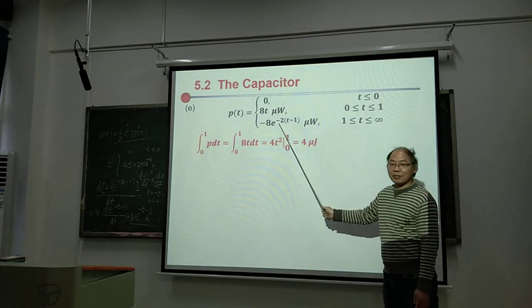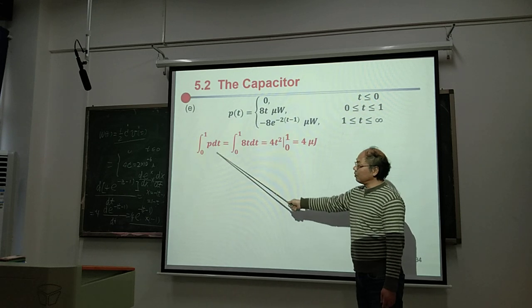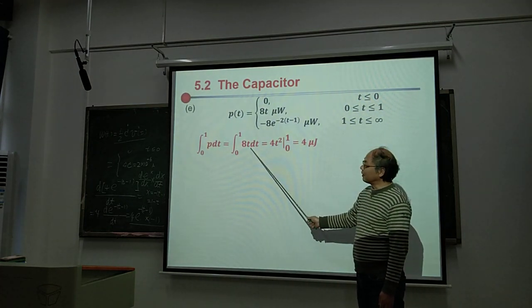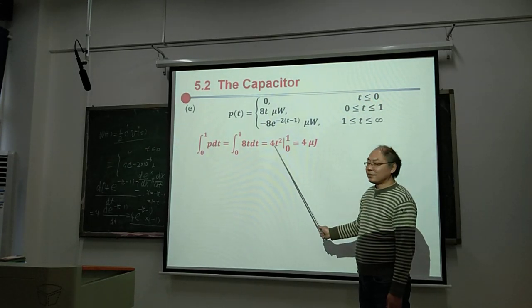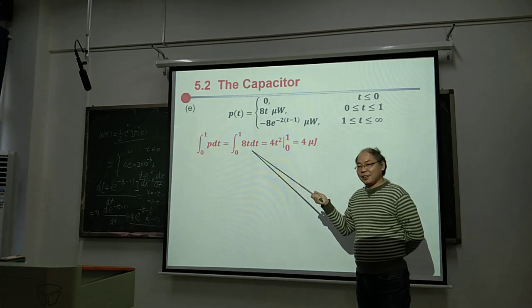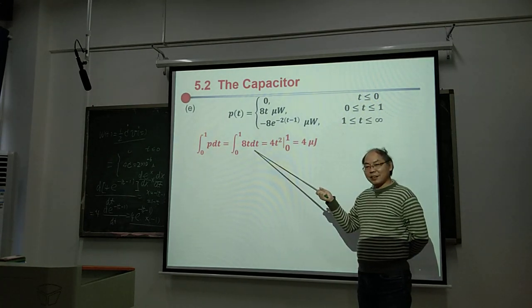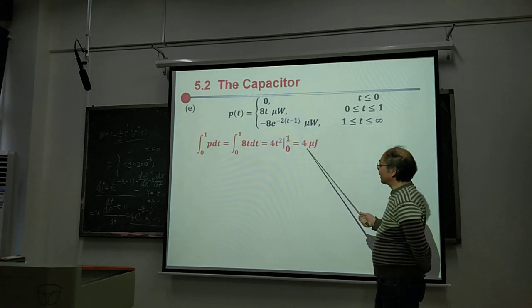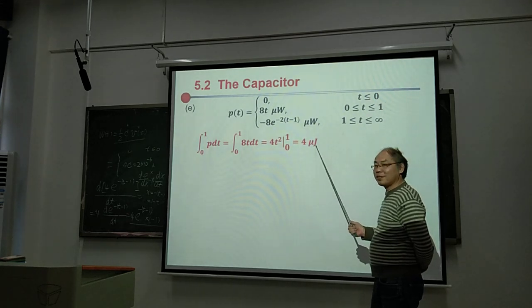Note this. So we take this into the equation. These integrals may be easy, and so we get 4 microjoules.